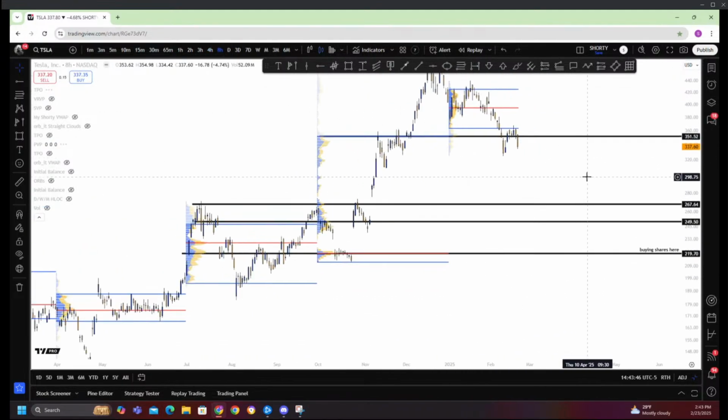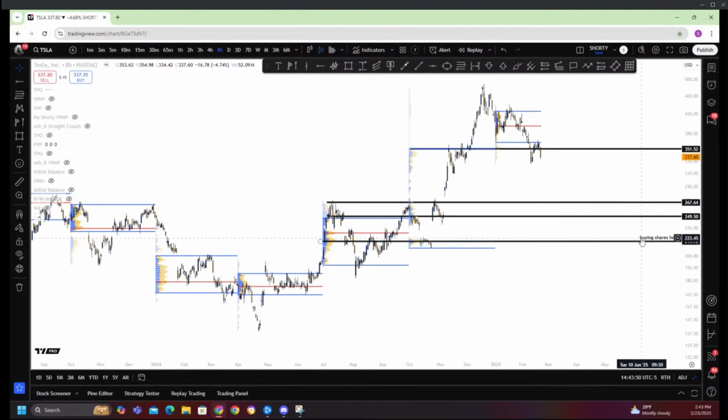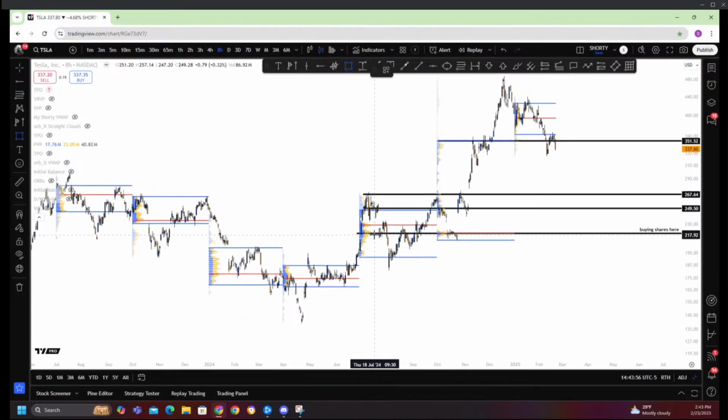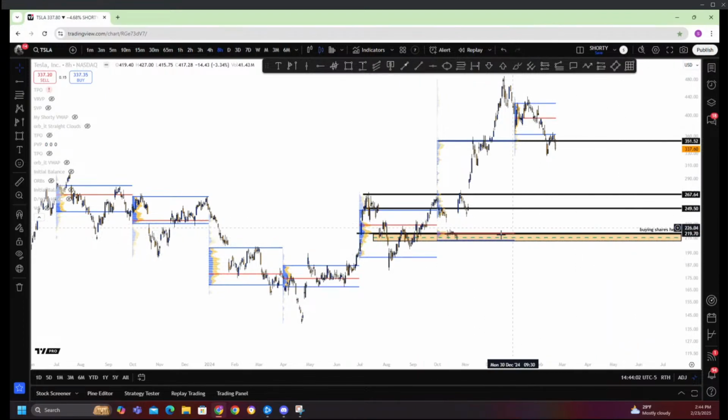Selling. Yeah, there's a lot more opportunity for them to sell and get cheaper prices. And for me, I'm looking to see if I can get 220, that would be, anywhere here. If they give me this area here, this should be fantastic for them. And I'd buy shares of Tesla here.